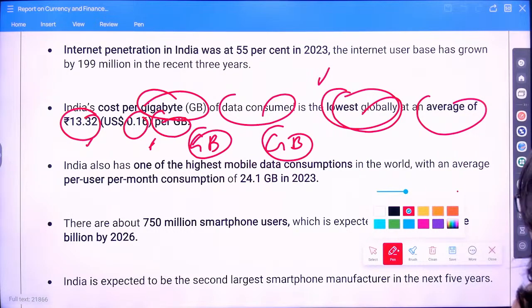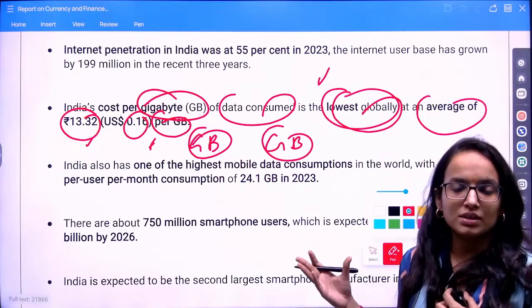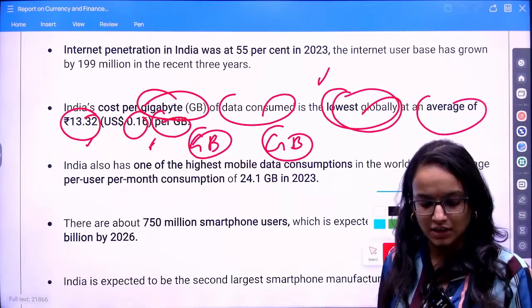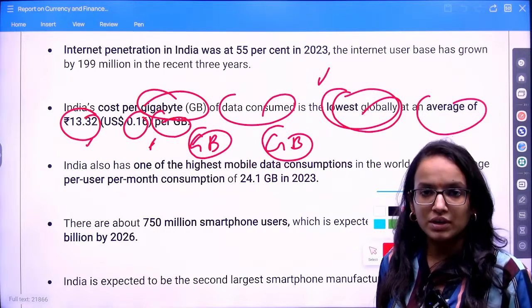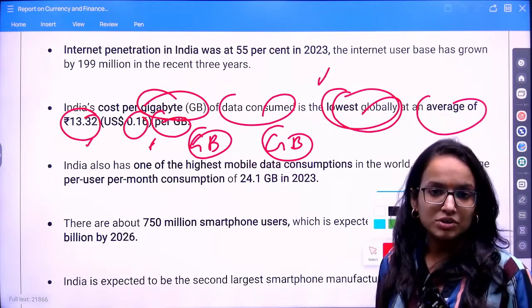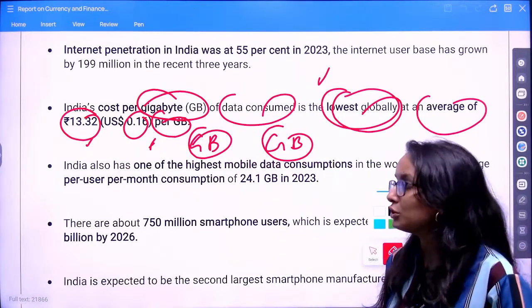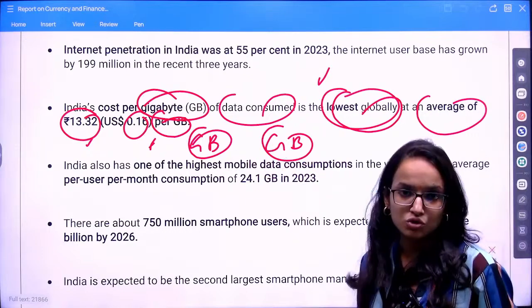Since the cost is very low, that's why you see these companies, telecom operators, and internet providers working successfully in India, and internet penetration growing faster, right? So remember this figure, 13.32 rupees only per GB of data consumed.